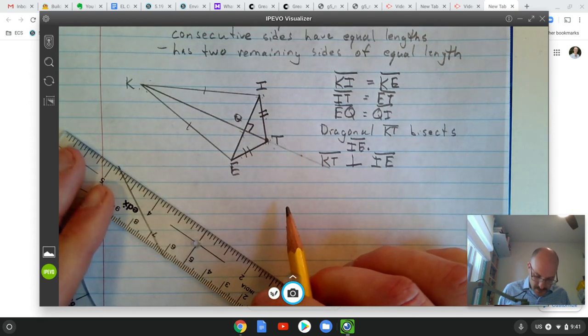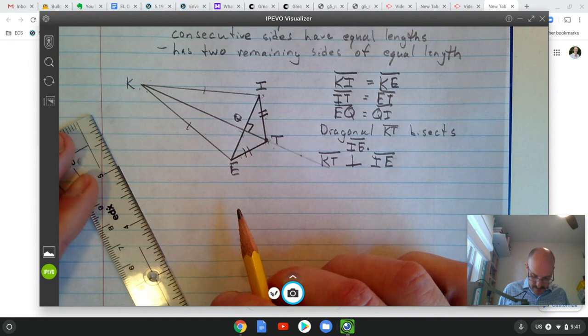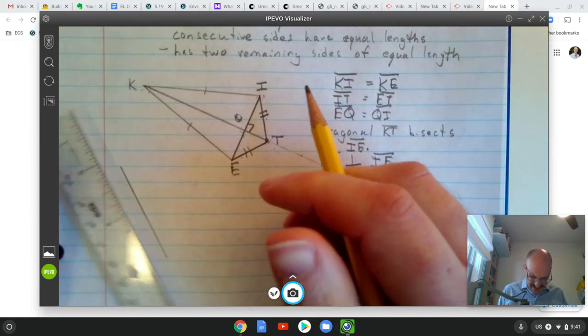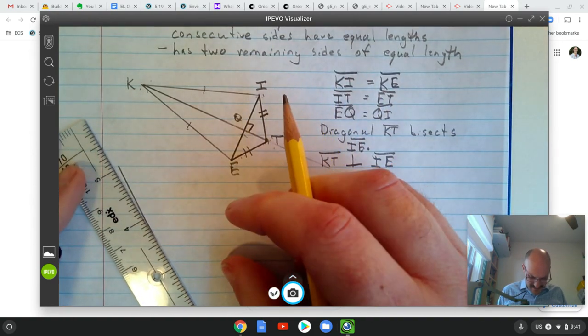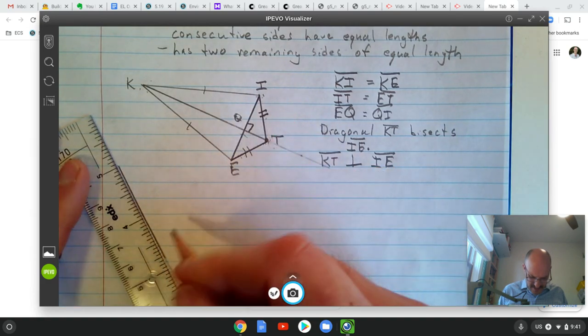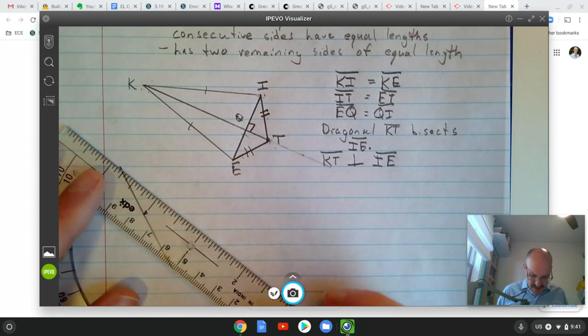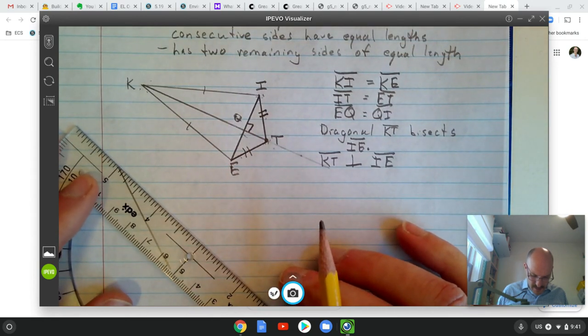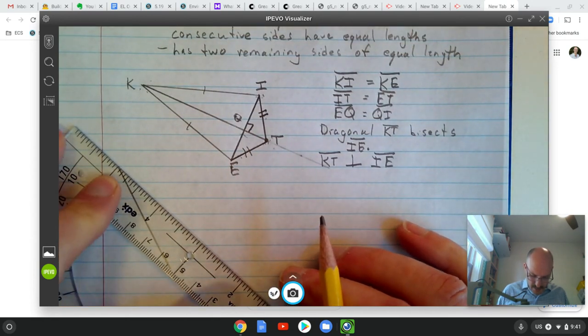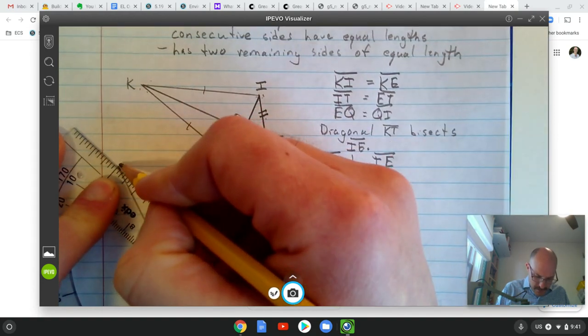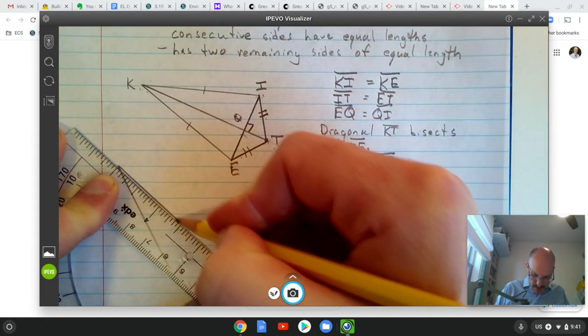I'll make maybe a more narrow one. Whoops, I lost track of the measure there. Let's try that again. So we're going from 5 to another 2 inches, and then I'll make it a more narrow angle, more acute. Another 2 inches.